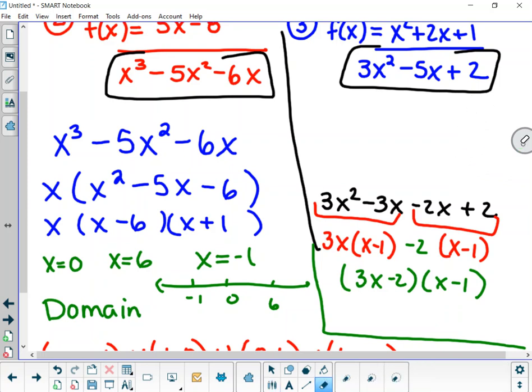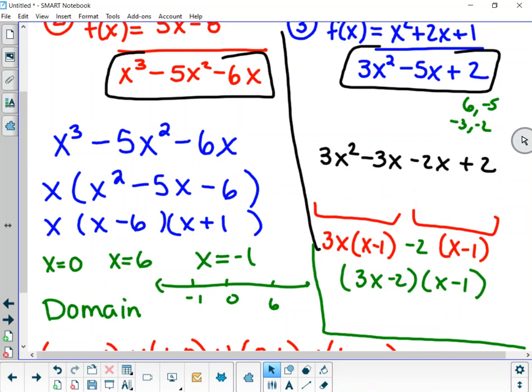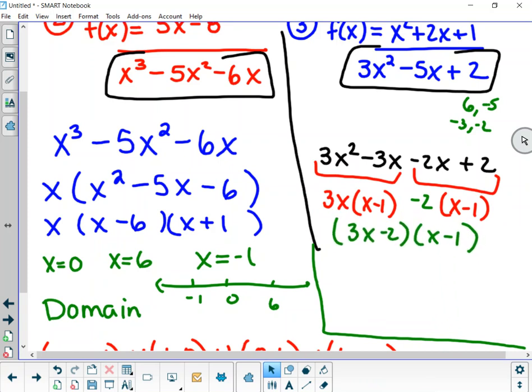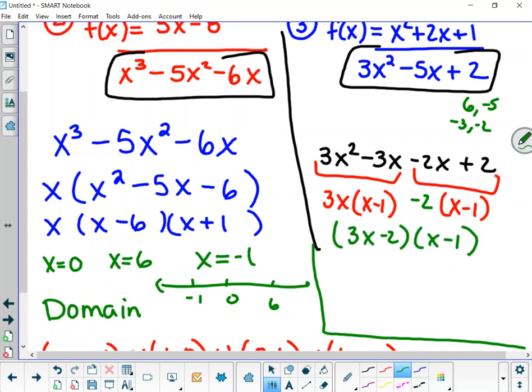So 6 and -5, so -3, -2. So the fun numbers are 2/3 and 1.